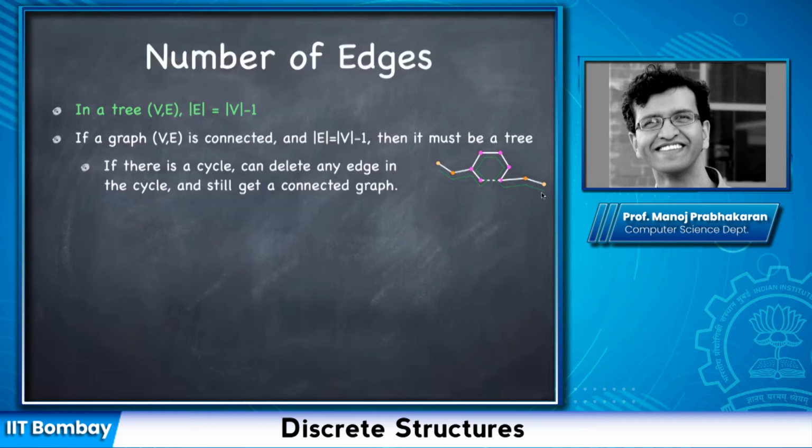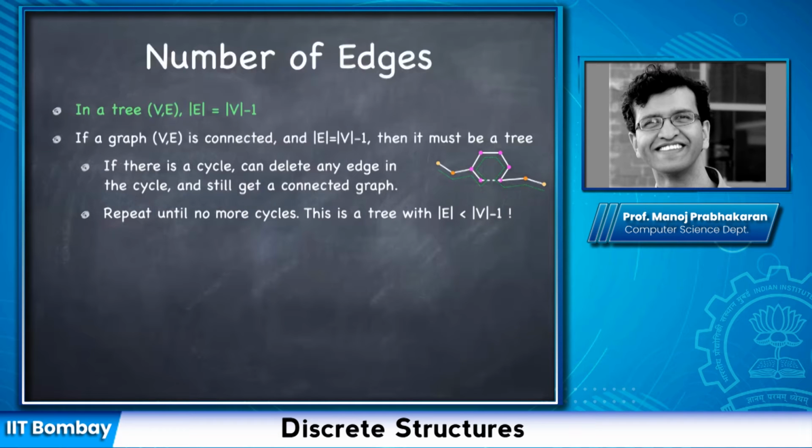So if there is a cycle, I can delete an edge and still stay connected. And if there are still more cycles, I keep repeating this until there are no more cycles. Throughout, I kept the graph connected, and I did not delete any vertices. So I have ended up with a connected graph with no cycle, so it's a tree.